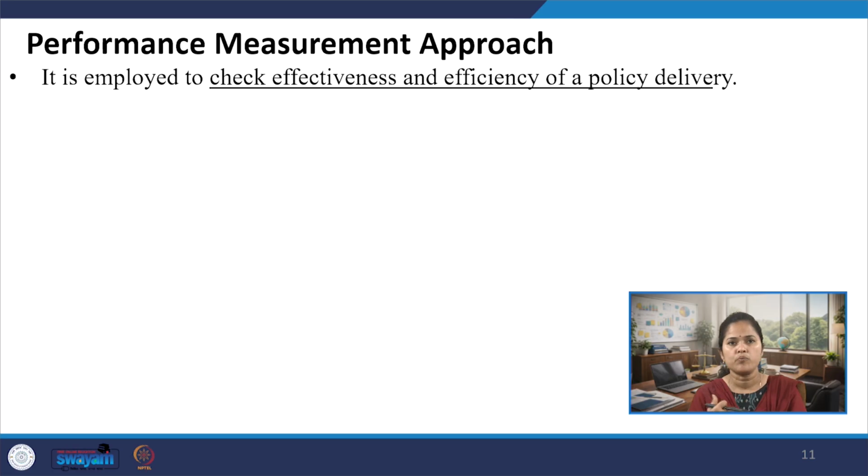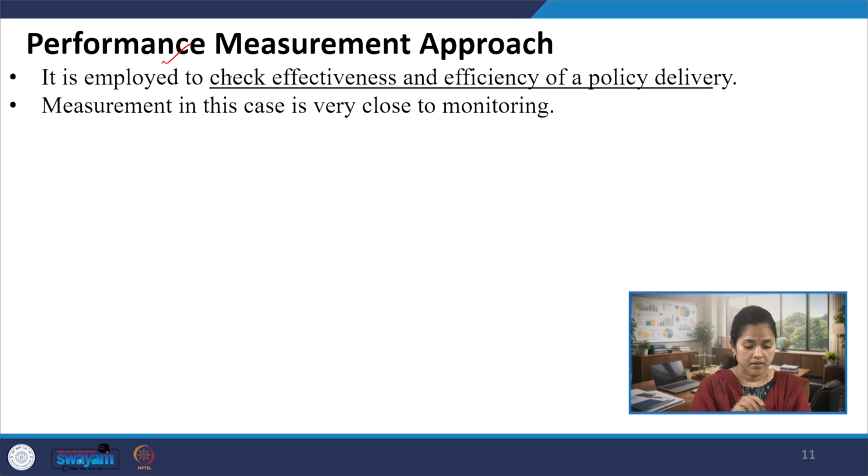So what is this performance measurement approach? It is based on performances, and for performances we have to take into account some indicators or sometimes indices. This approach is employed to check the effectiveness and efficiency of the policy delivery systems.